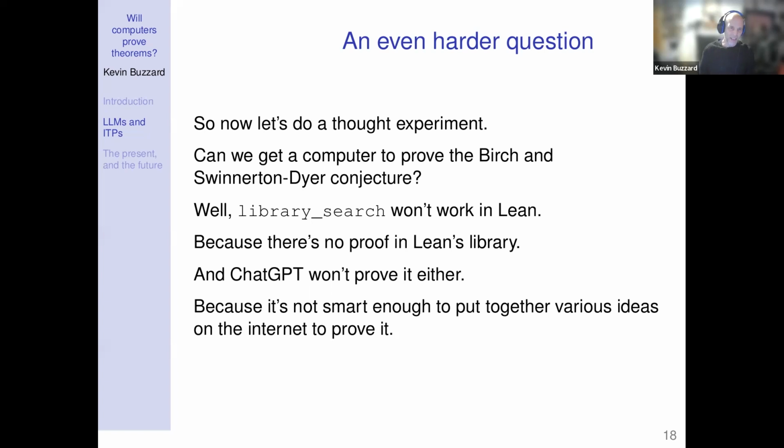And are there enough ideas on the internet that you could put together to prove it? I mean, if that was true, I'm not entirely convinced that it's going to be ChatGPT that can do that. Who knows what the future will hold, but right now I'm not seeing any evidence that that's going to happen.